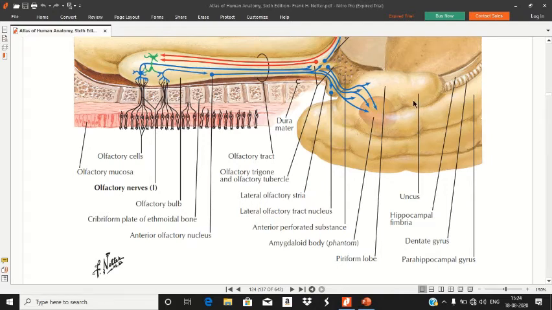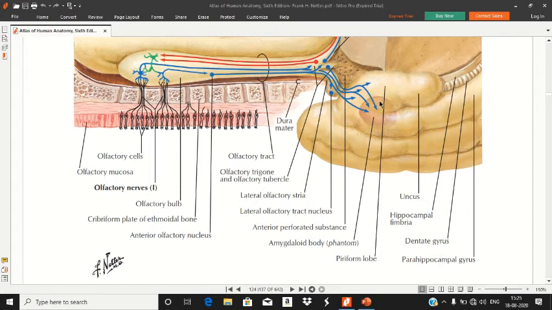Here you can see this is the uncus. Externally we can identify the uncus and the anterior part of the parahippocampal gyrus. This entire region is called the piriform lobe.